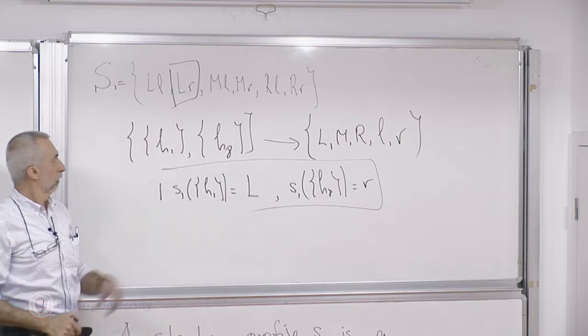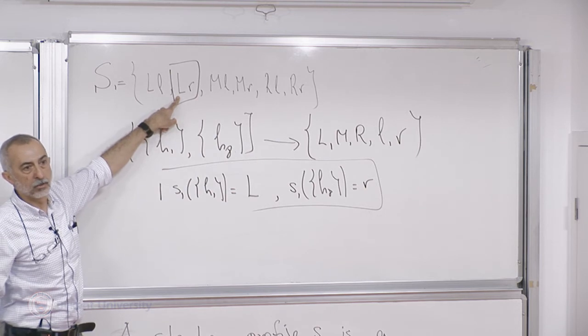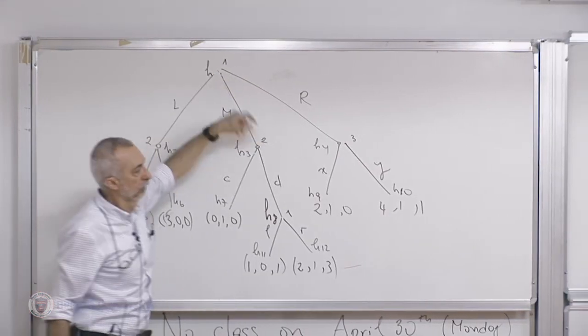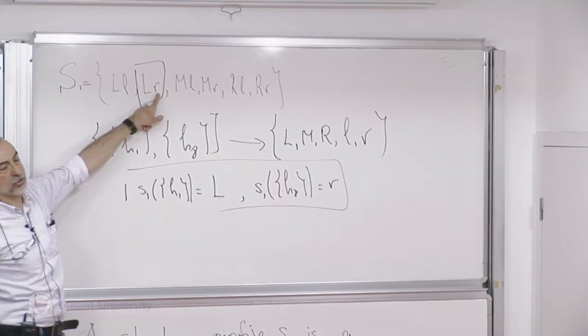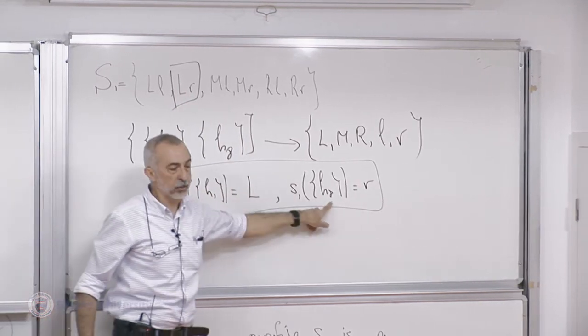Okay? L, the first element of the pair, denotes what he will be doing in H1, and the second element of the pair tells us what he would be doing at H8.